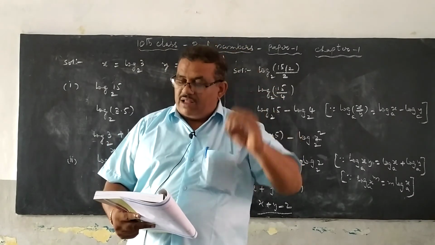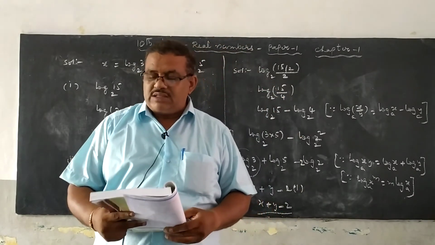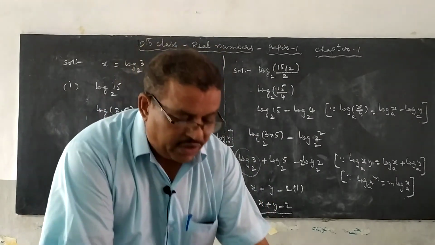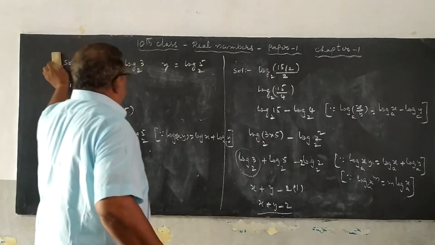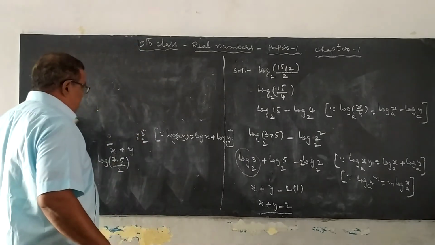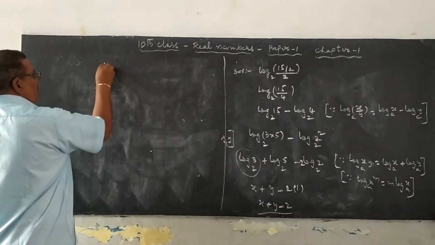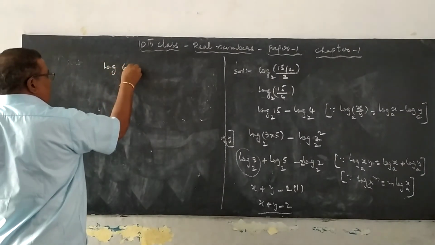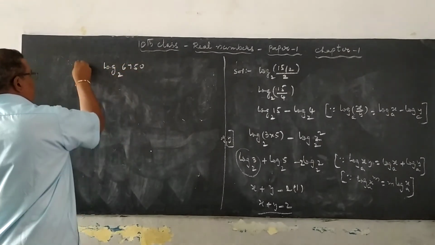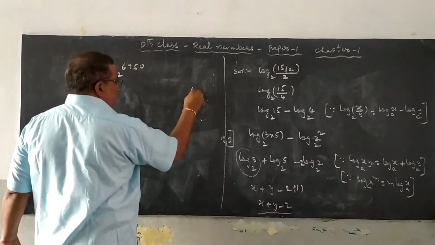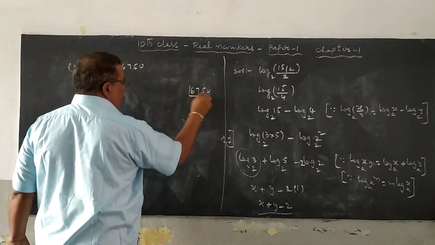I have to explain the fourth problem, log 6750 base 2. How do we have to write 6750? I think this is a little bit of a big one. One time factorize 6750. How will it come for us?